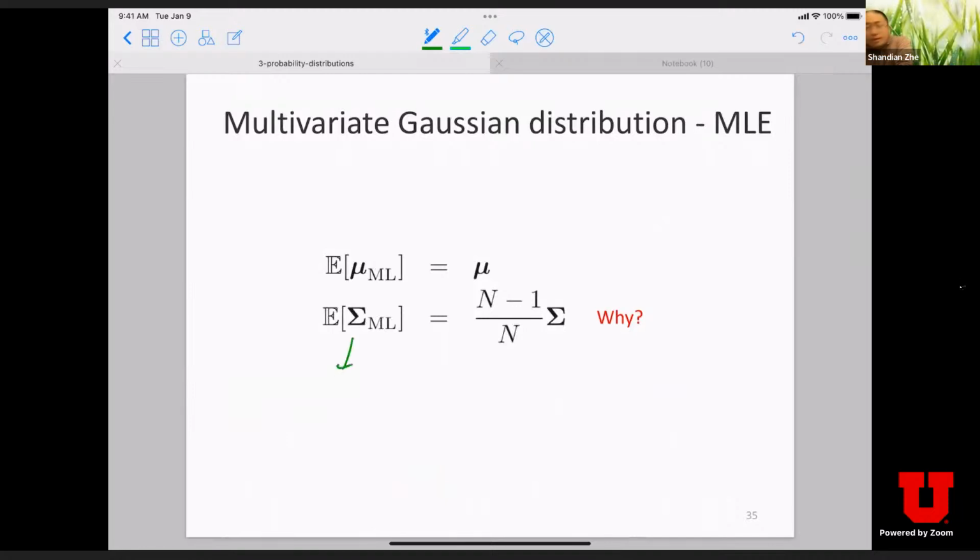And maybe your homework will ask you to show why the expectation of your maximum likelihood estimate of covariance will be like this. Here, I'll give you a hint.